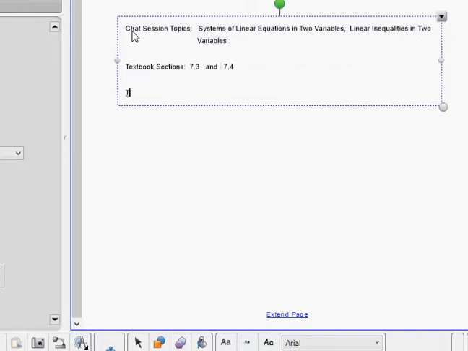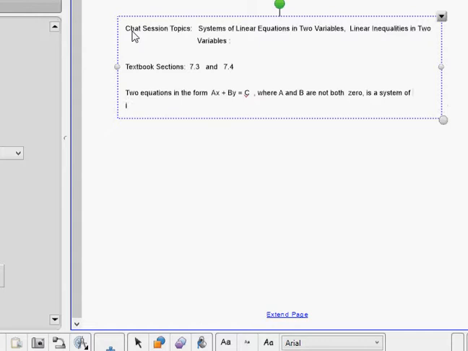Now, two equations in the form ax plus by equals c, where a and b are not both 0, is a system of linear equations.